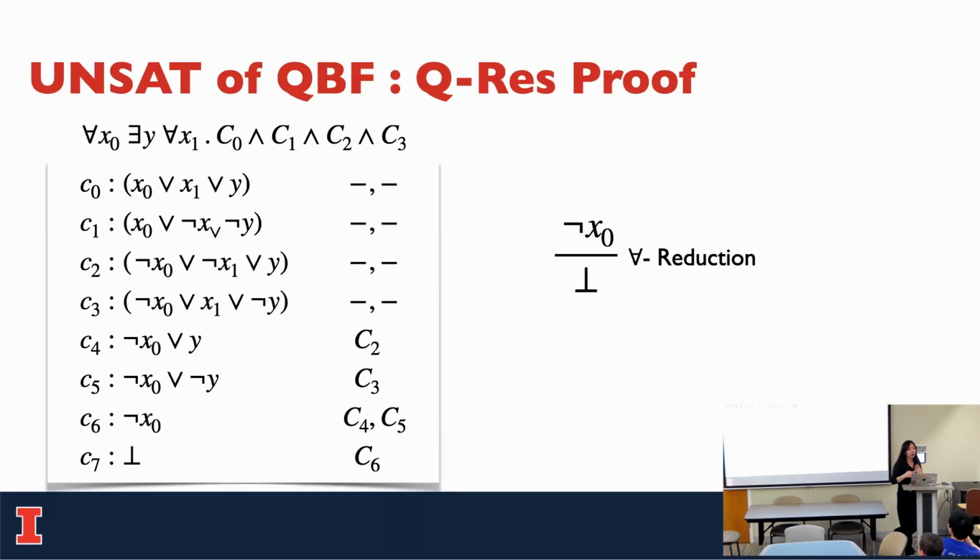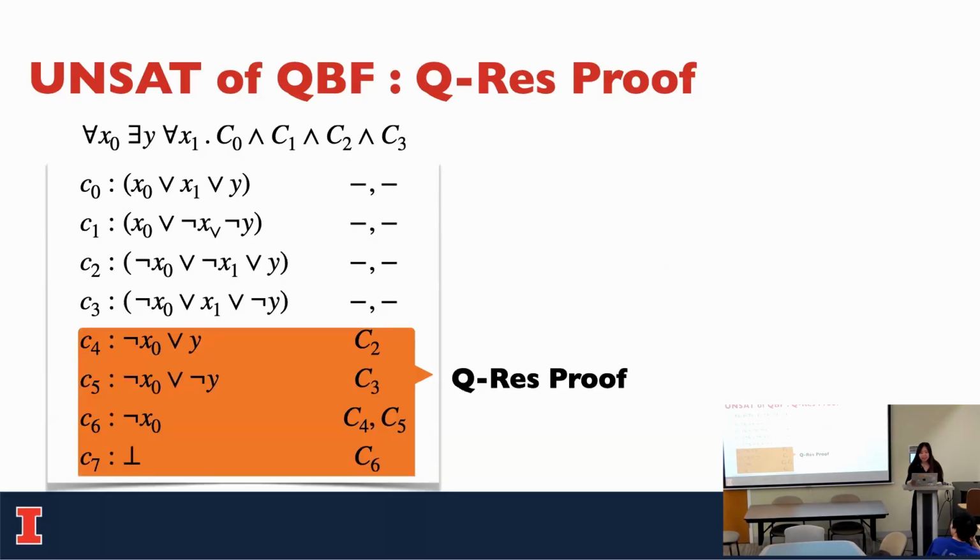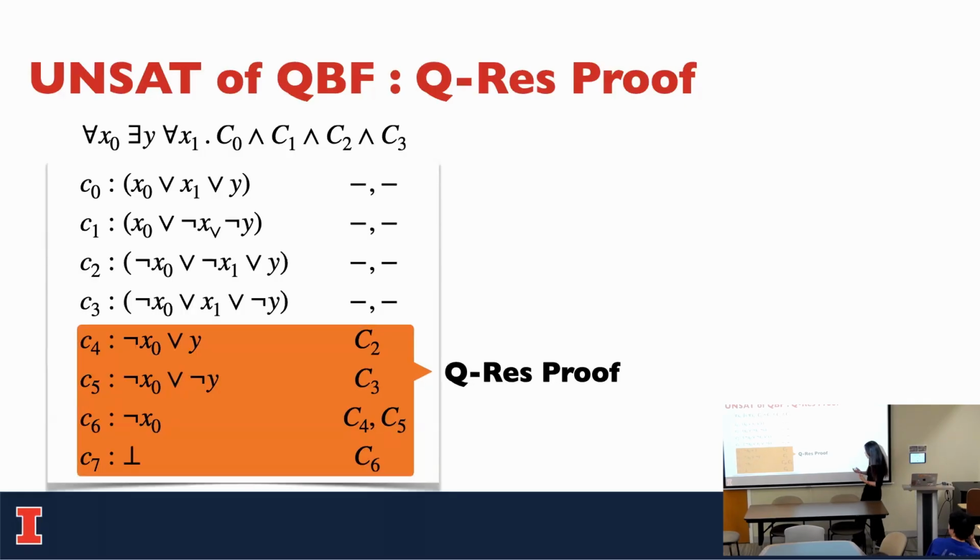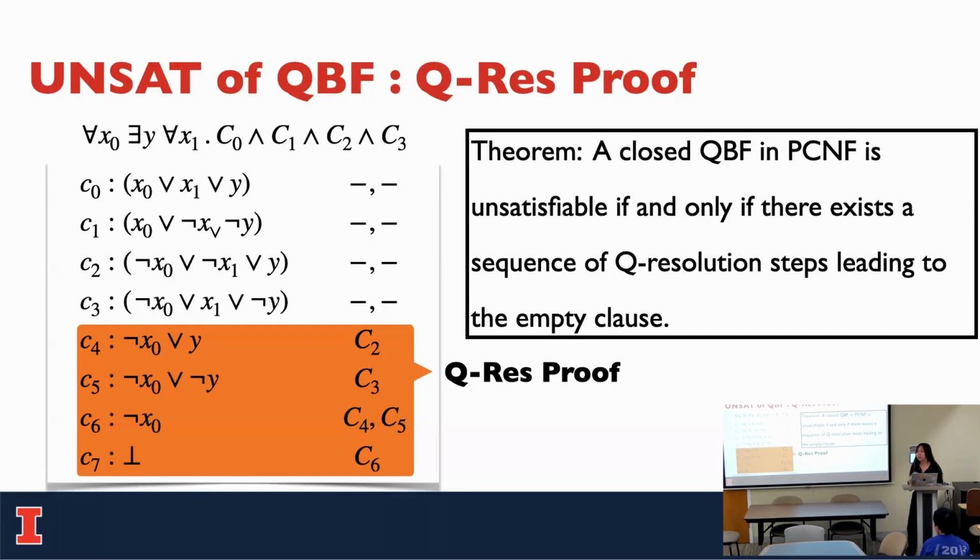And this empty clause shows why this input QBF formula is false. The way we derive this empty clause is called a Q-resolution proof, and it consists of a proof for this QBF evaluating to false. That is the quantified resolution proof.